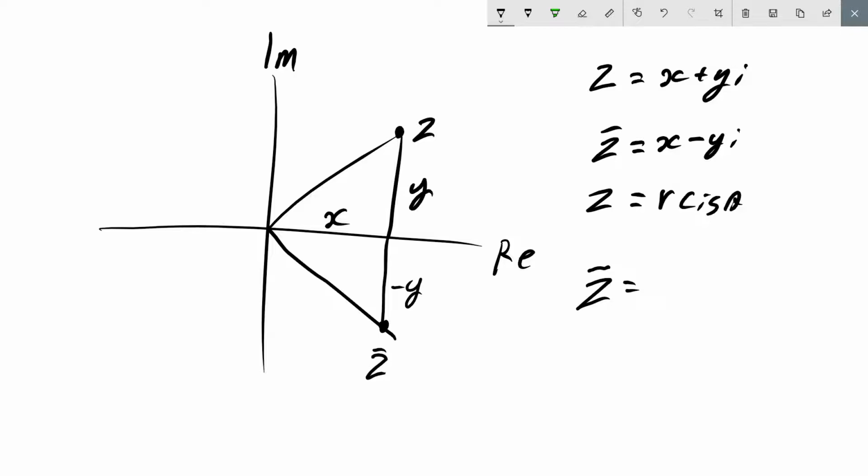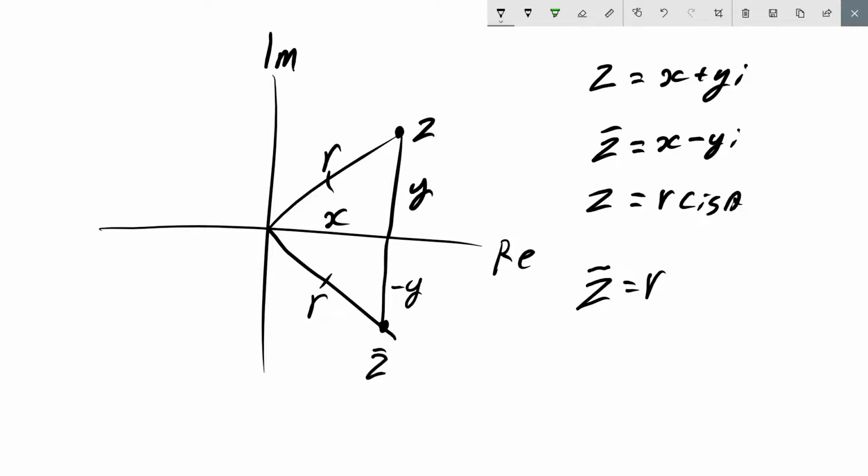So if we were to describe this in the r cis theta form, well, we can take a look. Has the distance from the origin actually changed? No, it's been shifted. These two lines have to be equal. So r hasn't changed.